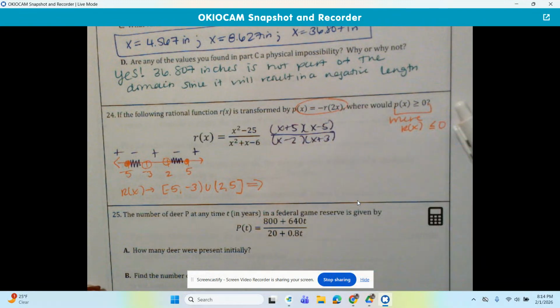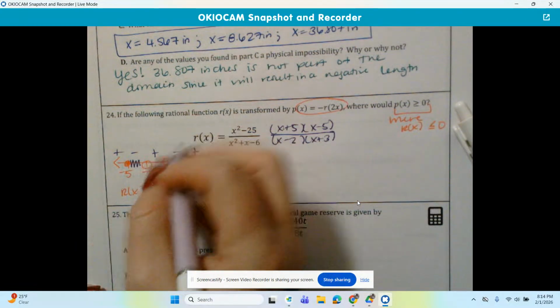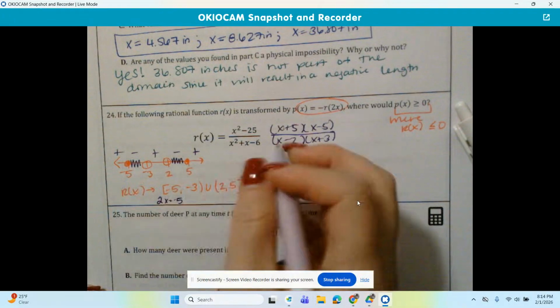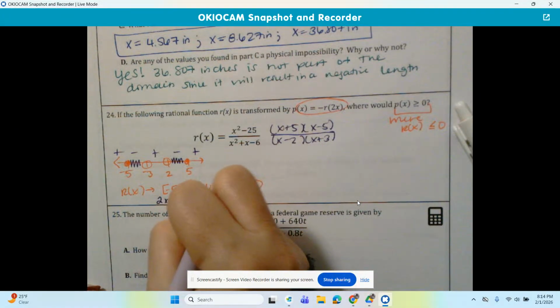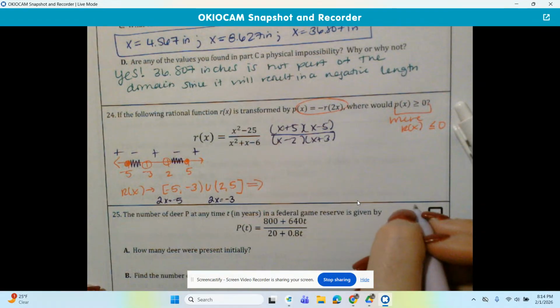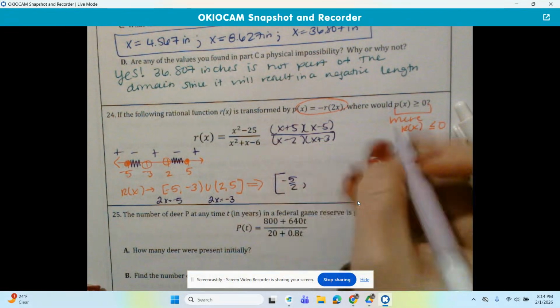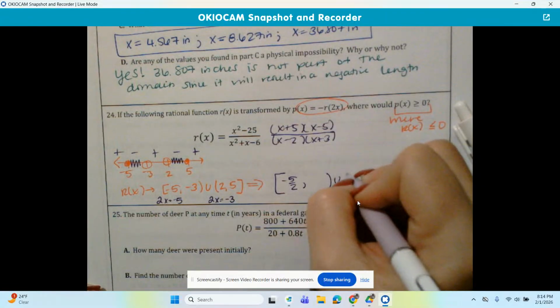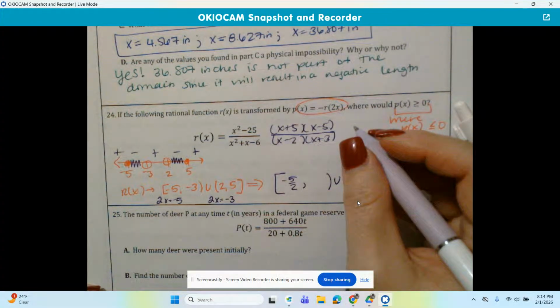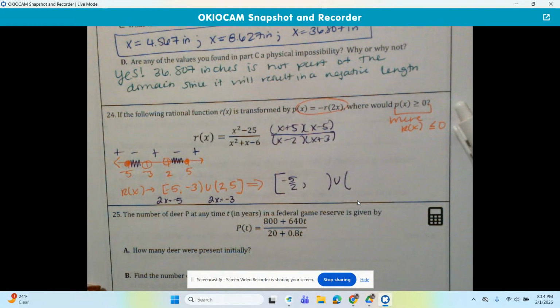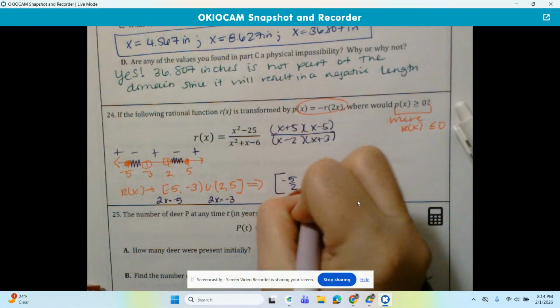So we need to say that 2x would equal -5 and 2x would equal -3. All right, so that's going to give me x values of -5 over 2 and -3 over 2. Right, so -5 over 2 to -3 over 2.